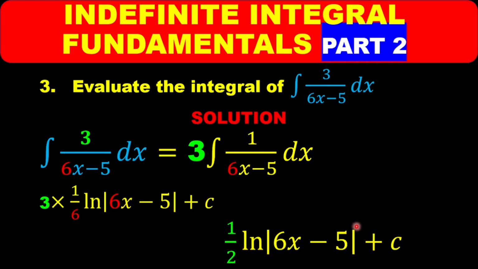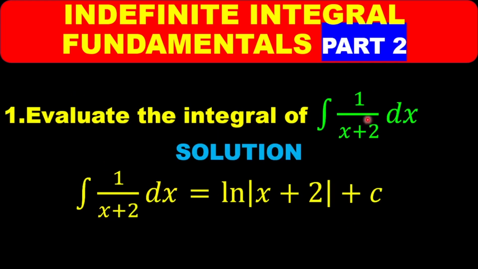And all you need to understand is this, that the standard integral of any function 1 over any polynomial is simply going to give you the natural log of the absolute value of the polynomial, which is the denominator. That is all. So if here were to be x plus 20, we would have had natural log absolute value x plus 20.